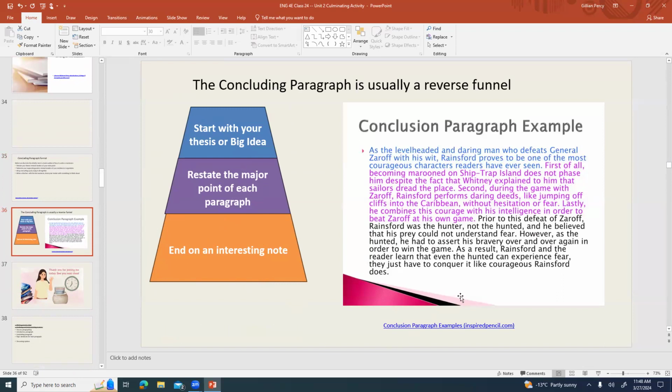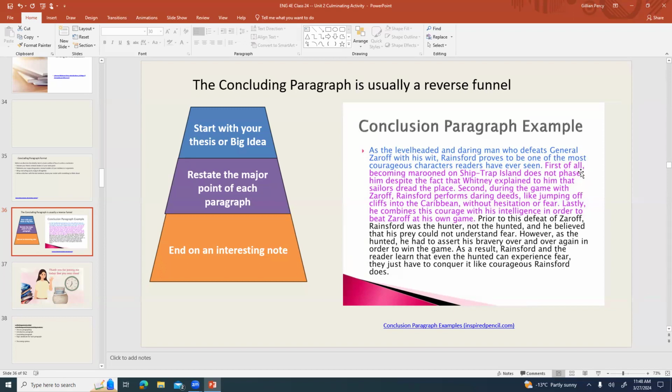So here's an example of a conclusion paragraph from the Inspired Pencil. So here's his thesis. As the level-headed and daring man who defeats General Zaroff with his wit, Rainsford proves to be one of the most courageous characters readers have ever seen. And then he rediscusses the main arguments of each paragraph.